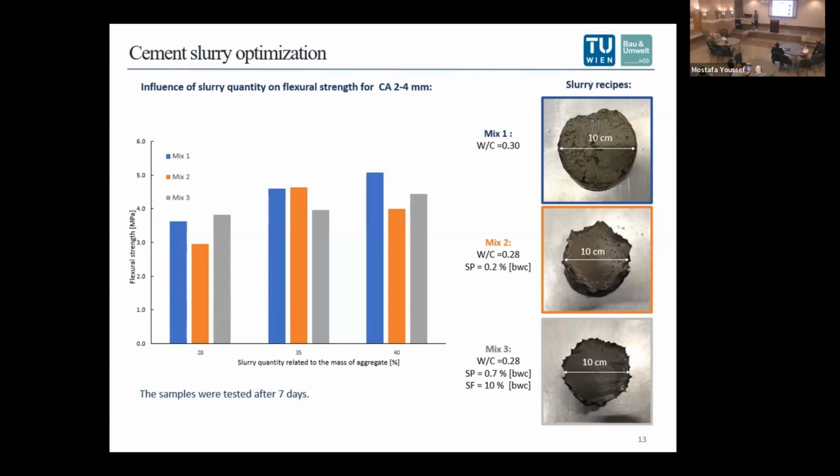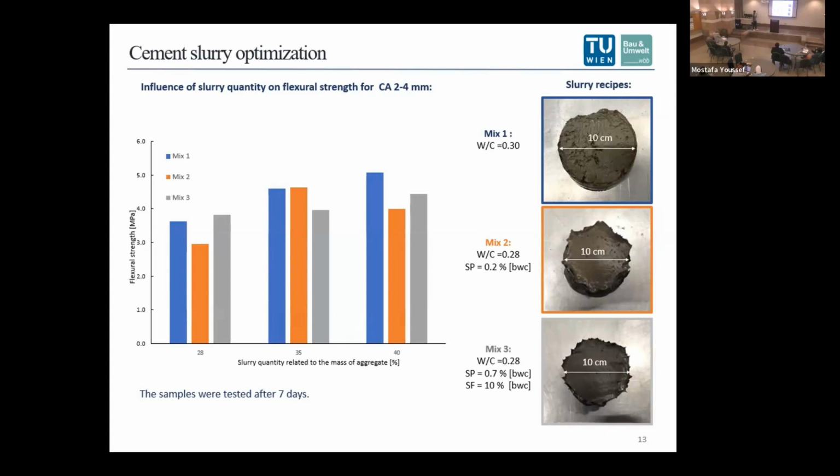The aim of using silica fume was that, you know, silica fume particles are much smaller than cement particles. And what we wanted is to fill the interparticle voids of the cement. Theoretically, we would have higher mechanical properties, and the sample would have a higher resistance against frost and thaws.